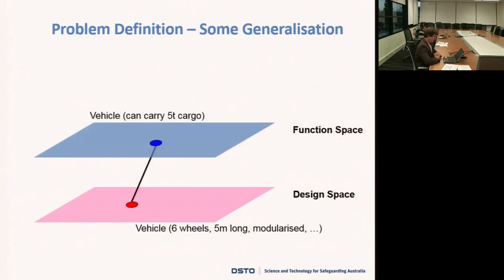But there's of course a second, fundamentally different way of depicting a system or a component, that is what it is actually doing, or what it can perform, which I term here function space. And in a vehicle it could be, for instance, that it can carry some amount of cargo.